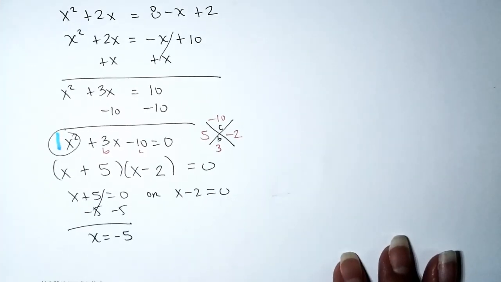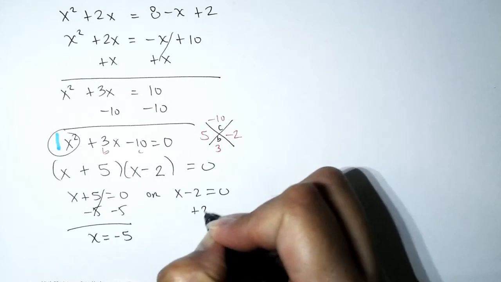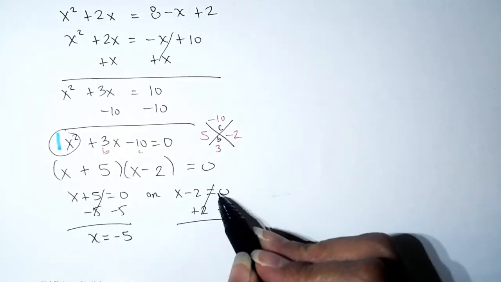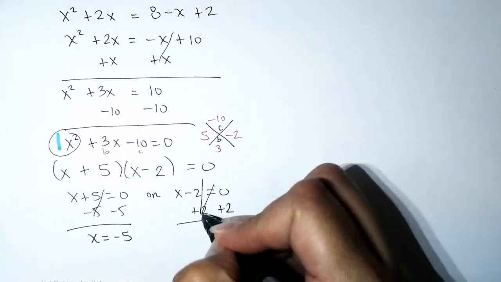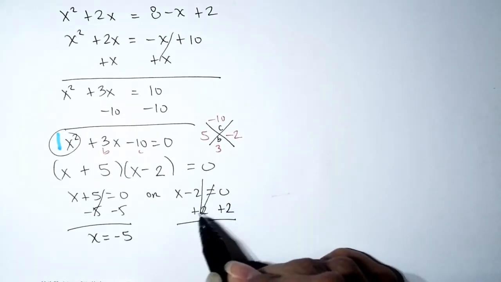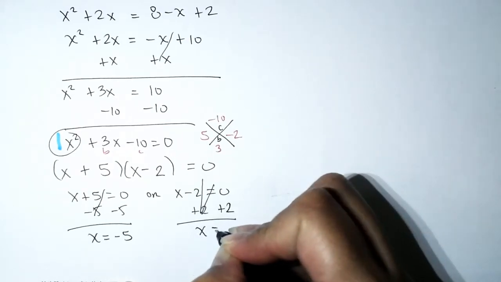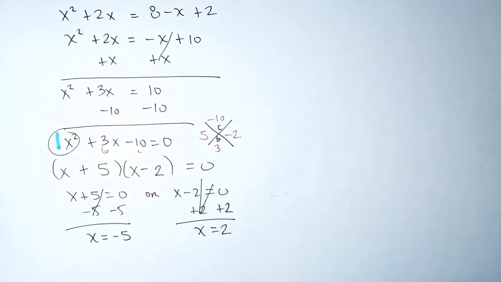If the second factor equals 0, that's going to lead to a proposed solution of x equals 2. The reason why I say proposed solution versus just solution is because we have restrictions on the variable.